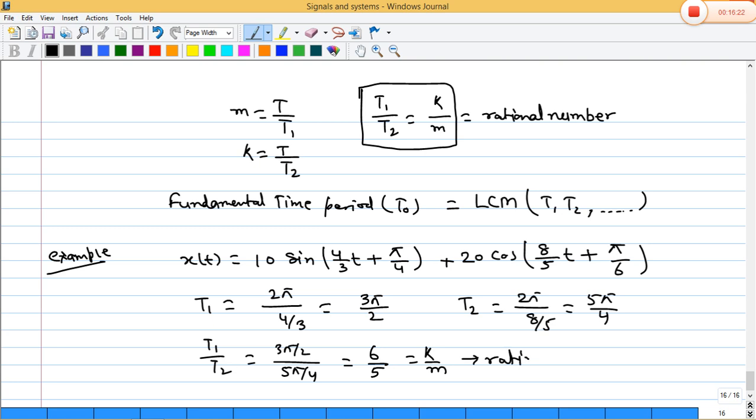Check this. So now the periodicity condition is satisfied. Now what will be the fundamental time period T naught? It is the LCM of 6 and 5, so 30.